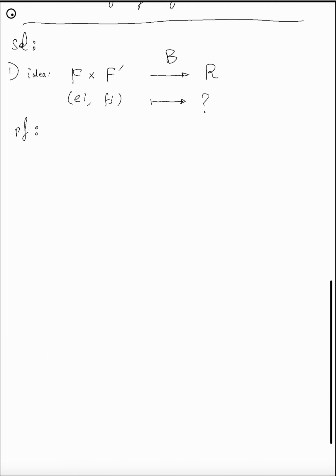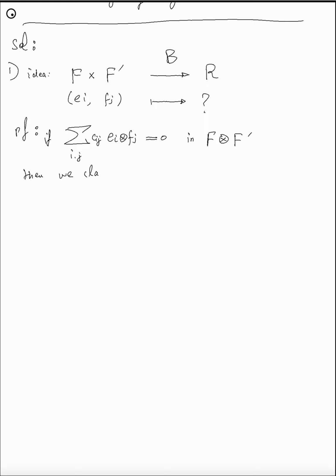So basically we just want to check if you have an expression sum of c_ij e_i tensor f_j, let's denote this coefficient c_ij, equals 0 in F tensor product with F prime, then we claim all the c_ij equal 0. How do we prove this?